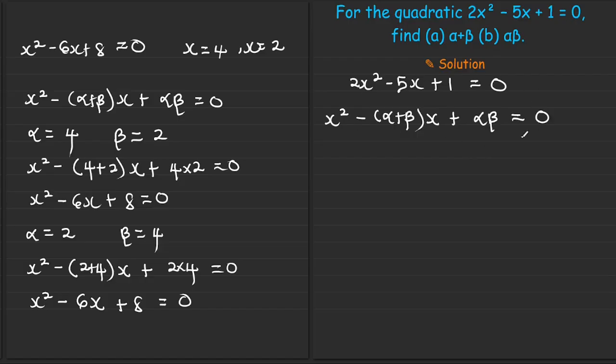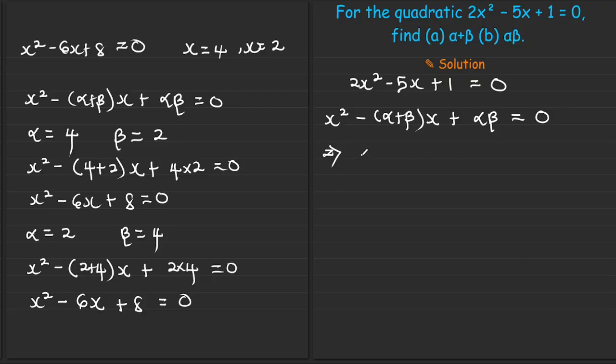So if you are to compare what we have here to what we have here, then you realize that first of all, the coefficient needs to be 1. We need to make sure the coefficient is 1, because it is only by so doing that we can do our comparison.